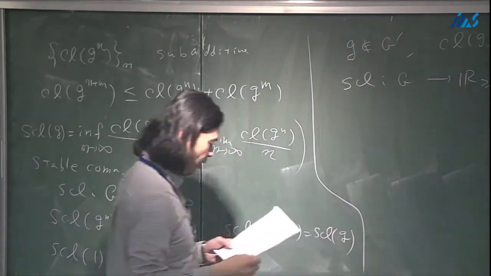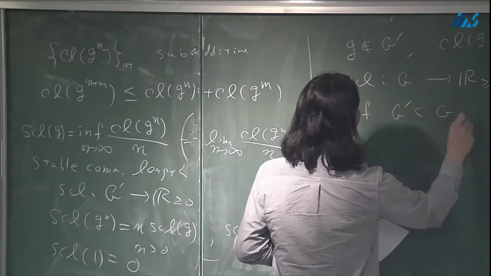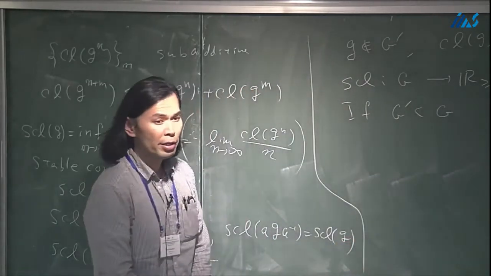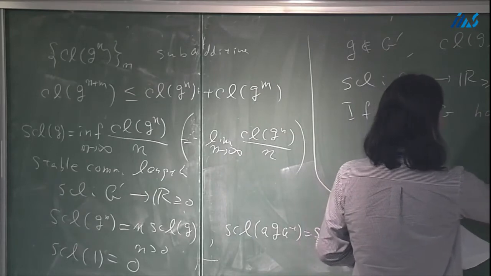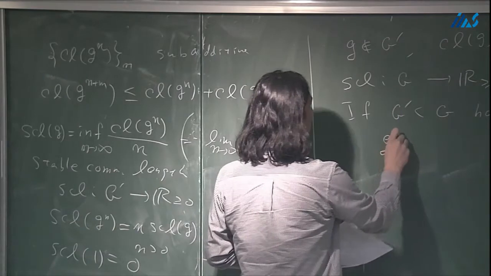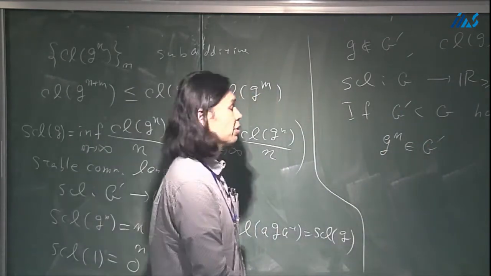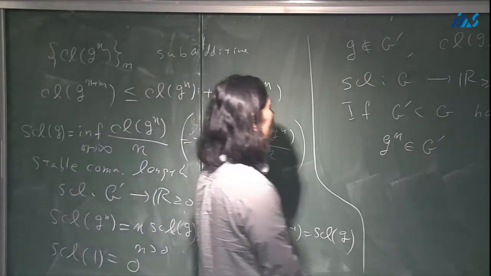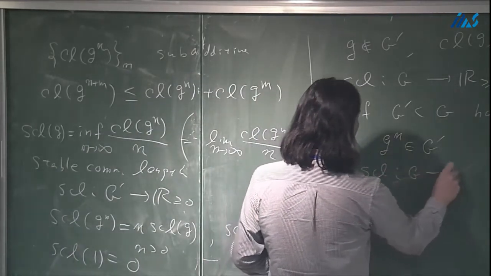But as Ilya pointed out, if G prime has finite index, then every once in a while, if you take a power, it becomes a member of G prime, and then the CL is well defined. Therefore, in this case, it's really a function.